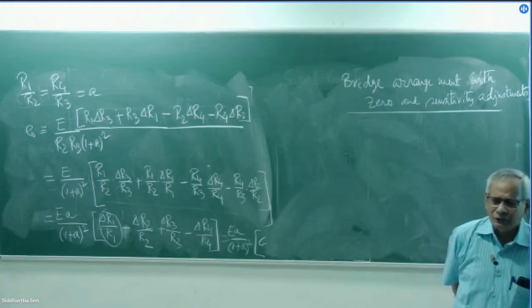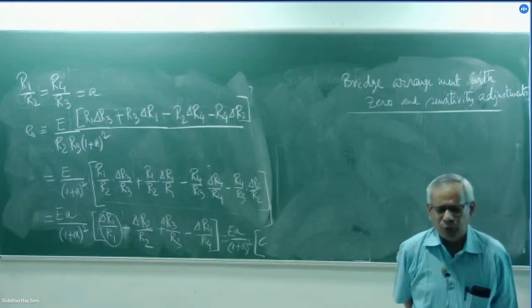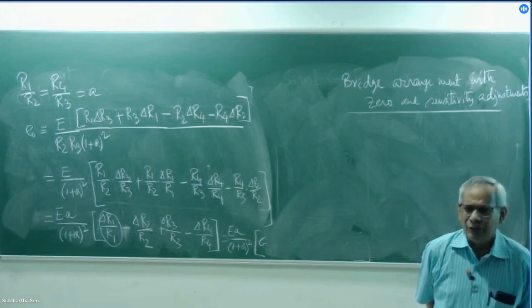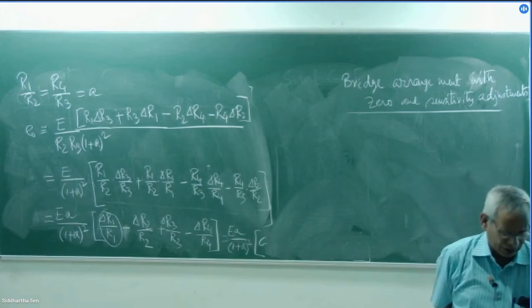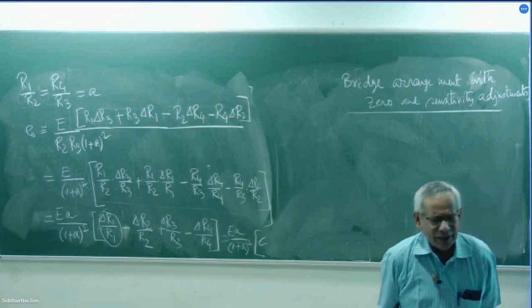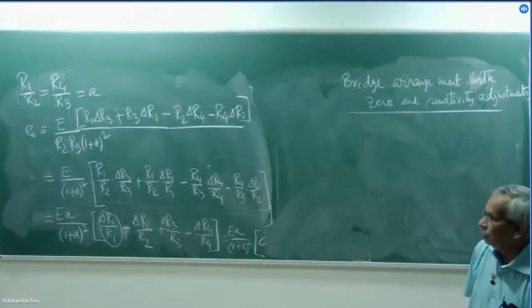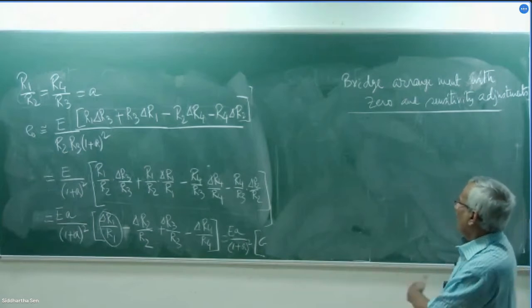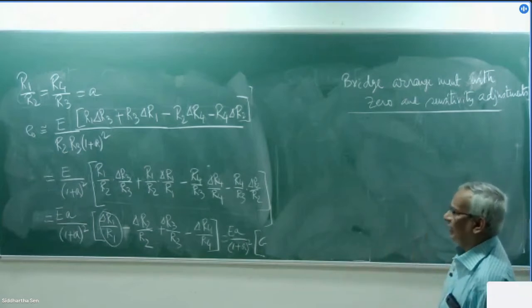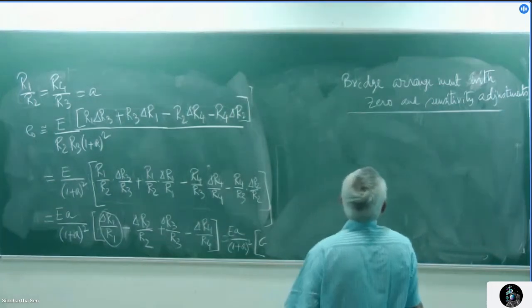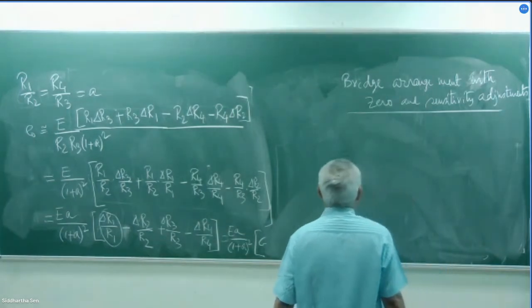That means the output voltage should be zero when no strain is applied, and when the strain is applied, there would be some finite exact values which we require. So this adjustment is very important.